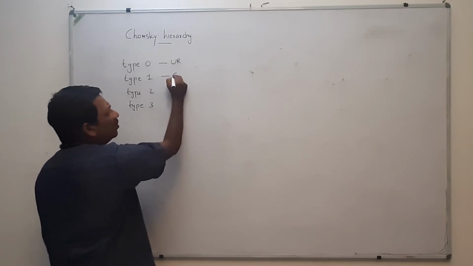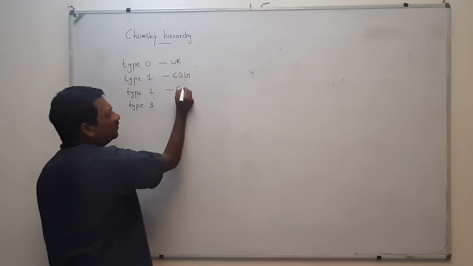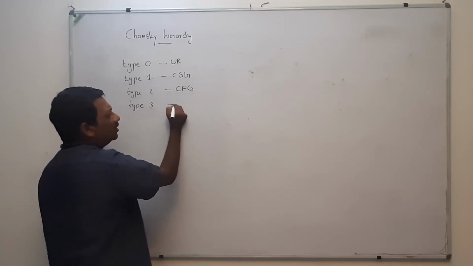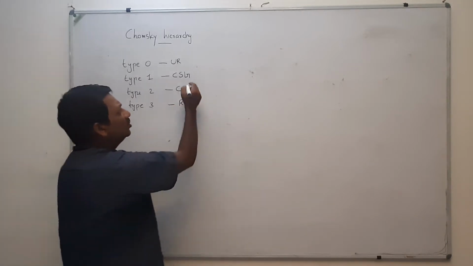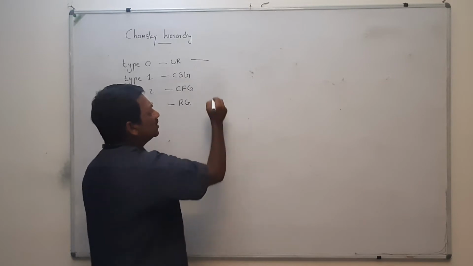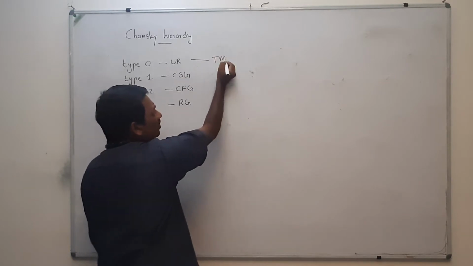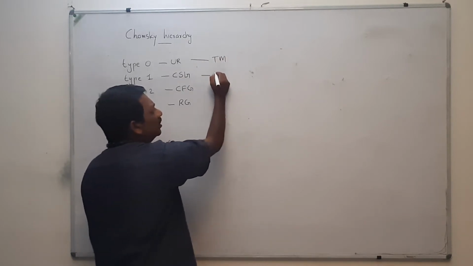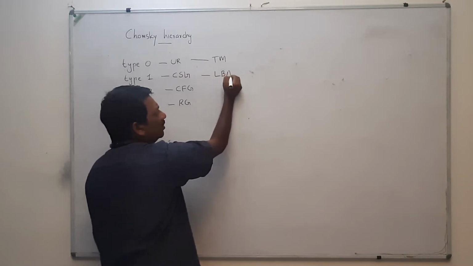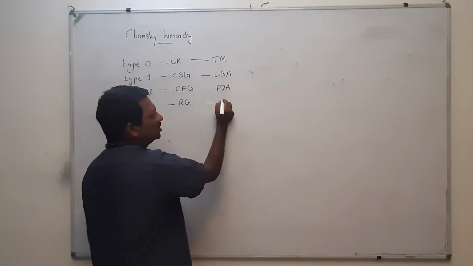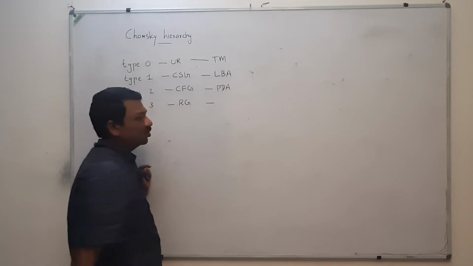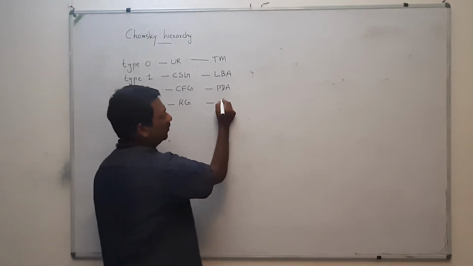Type 1 is context sensitive grammar, then context free grammar, and regular grammar. And the tool for accepting the unrestricted language is the Turing machine. This is the linear bound automaton. This is the push down automaton, and this is the finite state automaton or finite automaton.